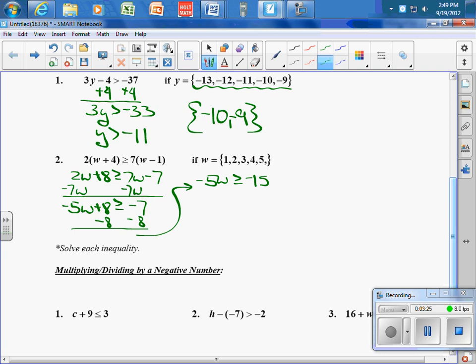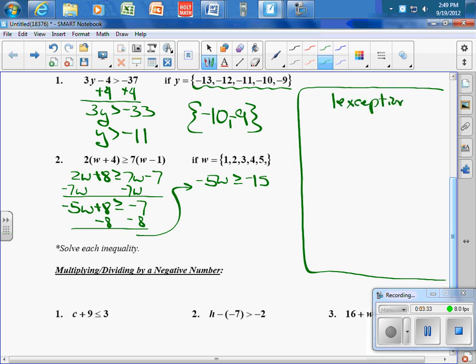Now at this point, I want to talk about the exception that we have. Let's come over here to the side, and we're going to leave this problem for just a moment, and talk about what happens when we divide both sides by negative 5. Let's say I have negative 6 and positive 12.